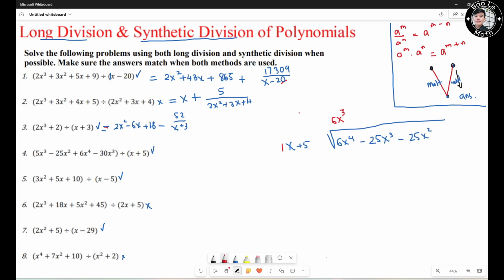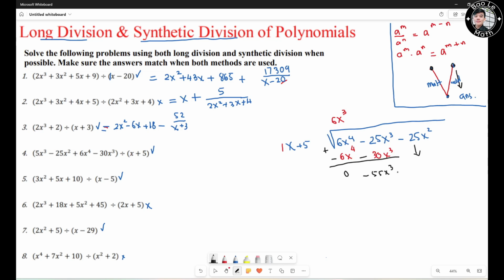Now you multiply this one back. 6s to the power 4, and 6 times 5 is going to be 30, so it could be 30s cubed. Now you need to change the sign, so negative, negative, and you add them up. This guy is 0. This guy is going to be negative 55s cubed.